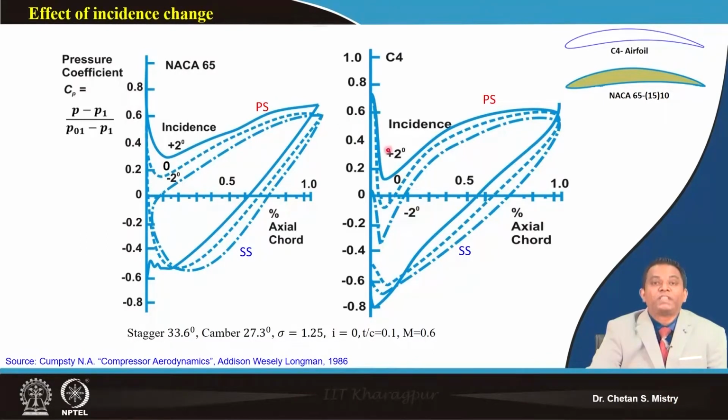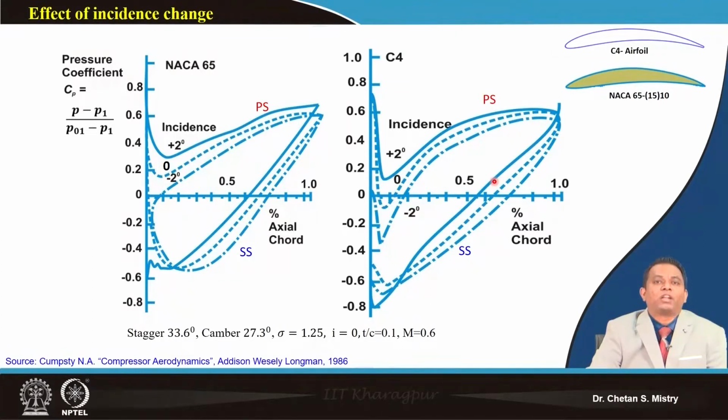Now for this C4 aerofoil, as we have discussed, this represents what is happening on my pressure surface and what is happening on my suction surface. This larger radius leading edge gives flexibility to the blade in terms of incidence angle.